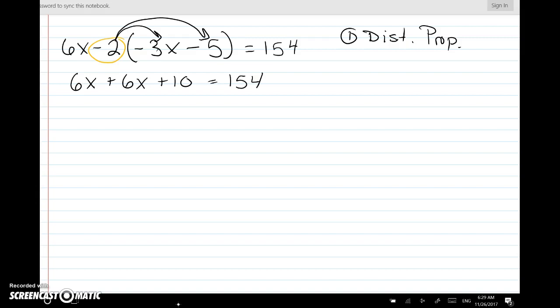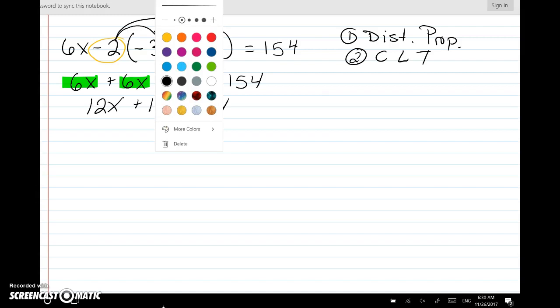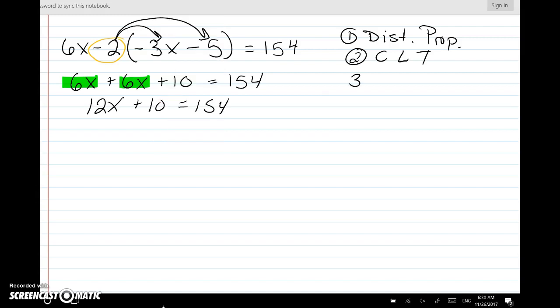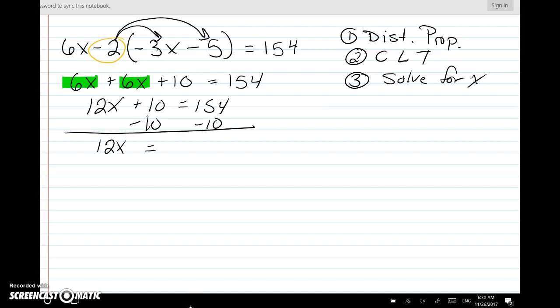Combine my like terms. 6x plus 6x is 12x plus 10 equals 154. I don't know why I keep doing that. And number 3, solve for x. Minus 10, minus 10. 12x equals 144. Divide both sides by 12. And x equals 12.